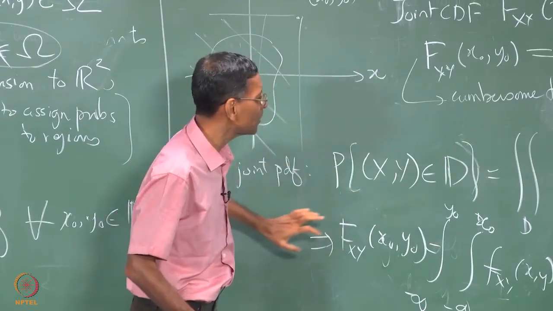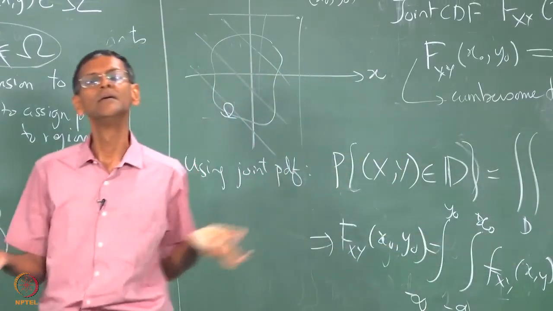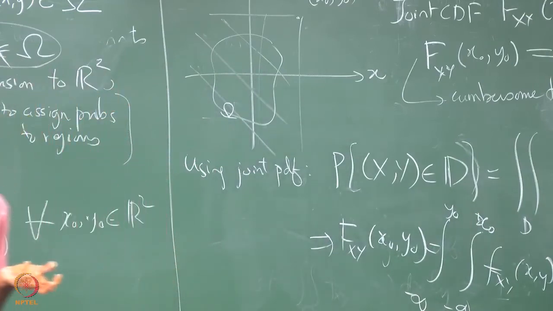So how do you get the density from this? It is basically the double derivative.